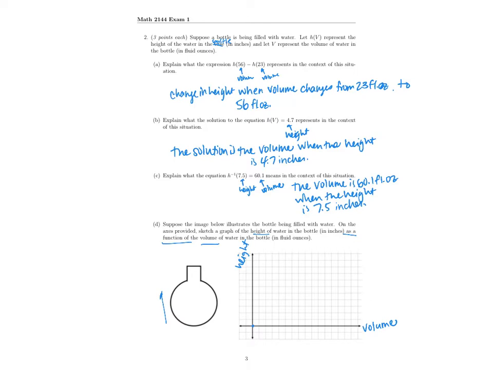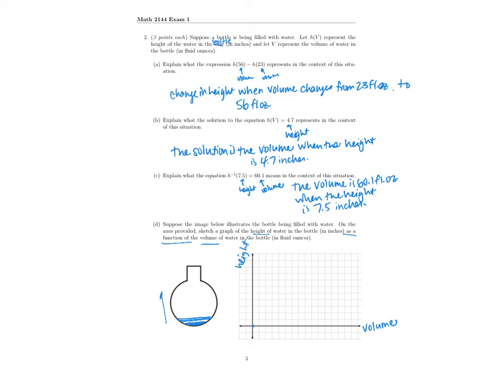So what we can think about is if we set some amount of volume and we put a little bit in there, at first, for some fixed amount of volume, it'll fill up kind of quickly. But as the bottle gets wider, some fixed amount of volume will spread out thin and it won't cause as much change in height.